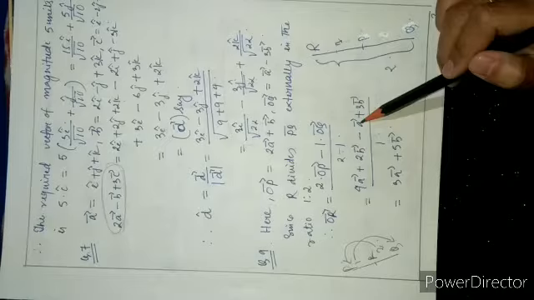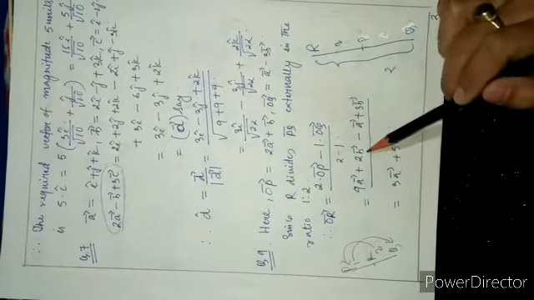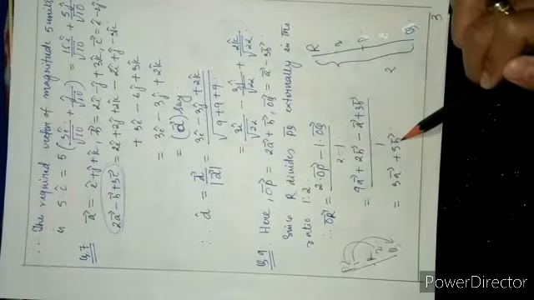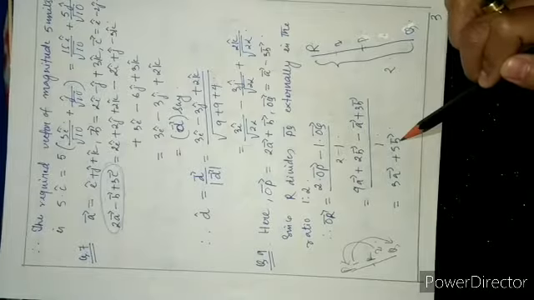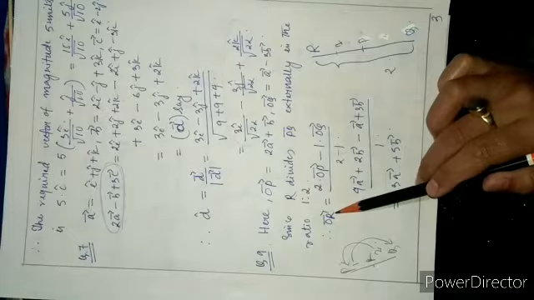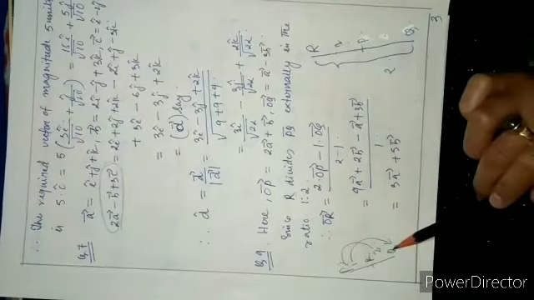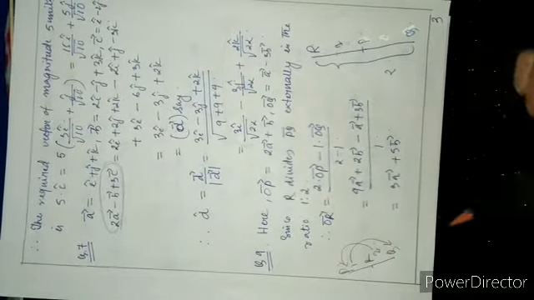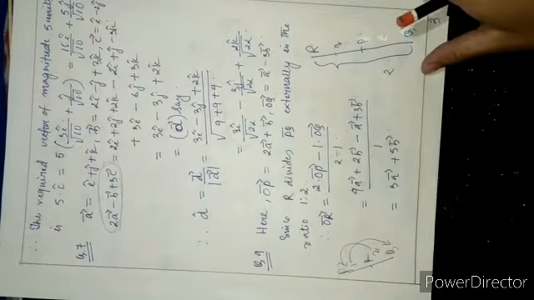For a vector, 4a minus a gives 3a vector, and 2b plus 3b gives 5 times b vector. This is the position vector of the point R, which divides the line segment PQ externally in the ratio 1:2.